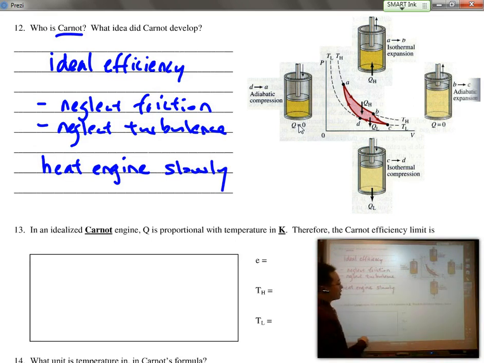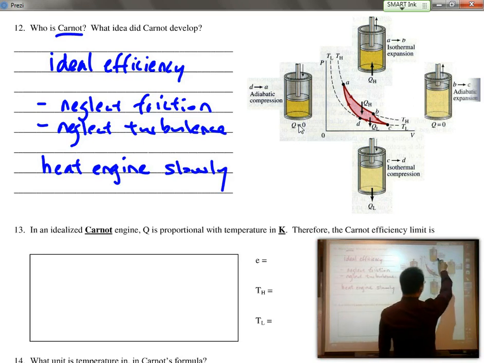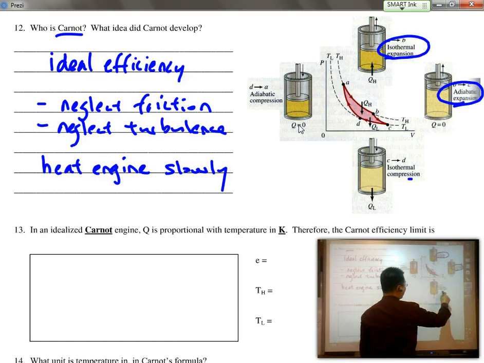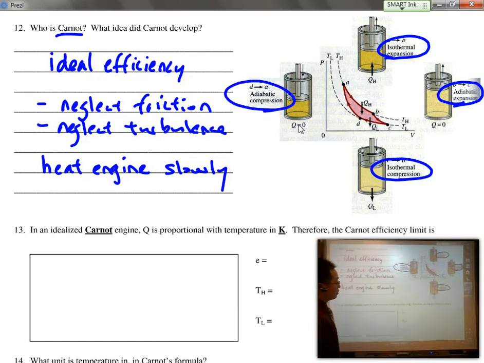if you take the heat engine cycle slowly, you end up with specific scenarios for each phase. And you realize that it starts with an isothermal expansion, and then an adiabatic expansion, then an isothermal compression, and an adiabatic compression. Okay?